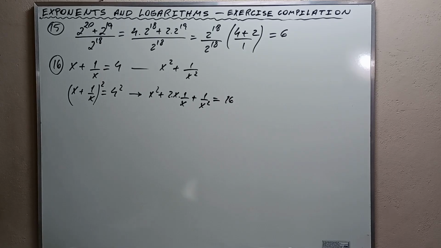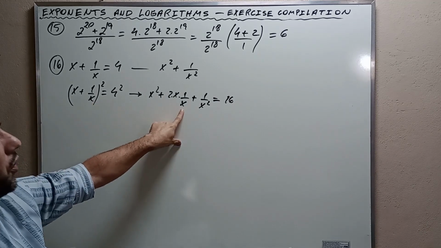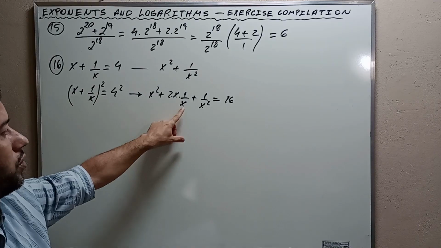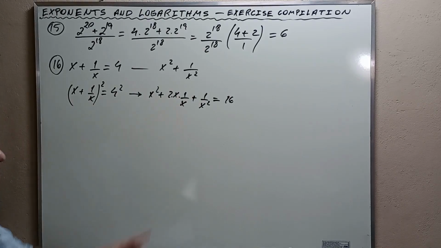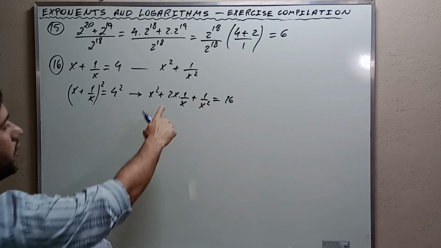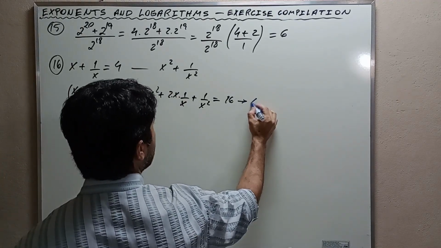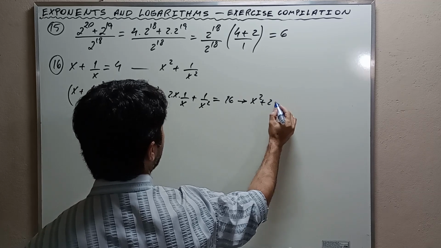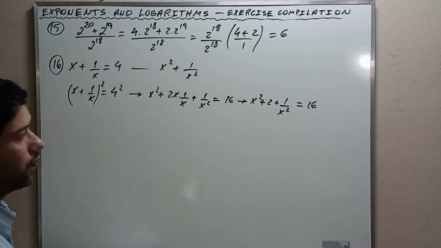Okay? Frequently we use x to represent times, but here, to not be confused, we're going to use the dot to represent times whenever we're using x for other purposes. And we can cancel this x with this x, and this becomes x squared plus 2 plus 1 over x squared is equal to 16.